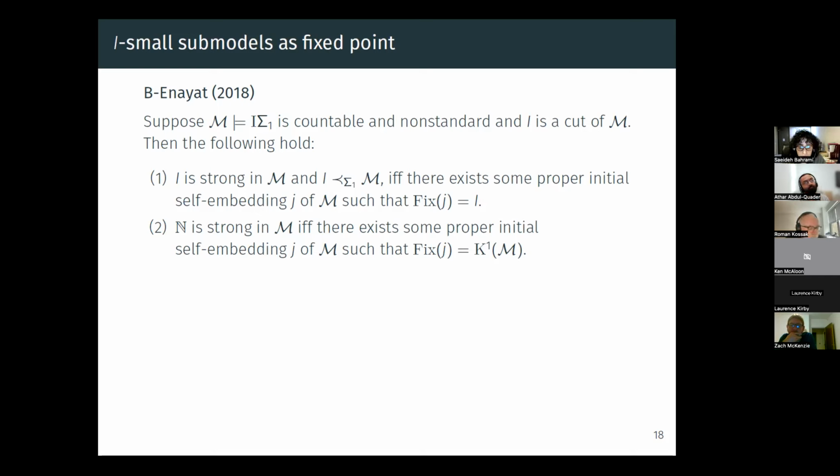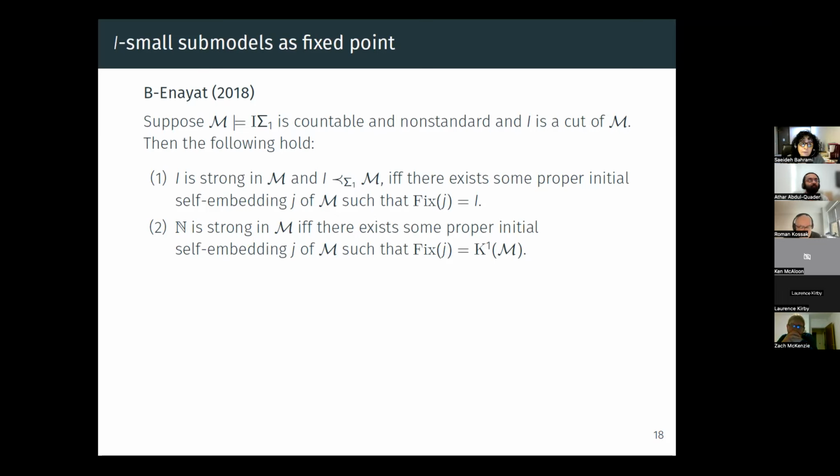I'm not sure. When I was working on this, I was working on a question that Ali proposed. The question was whether we can find some model of I sigma 1 which possesses an automorphism which cannot be extended to any model. That was the question that I was working on, but finally I couldn't prove it.